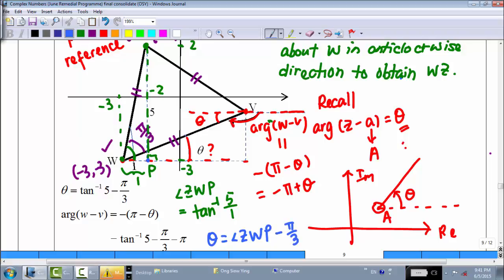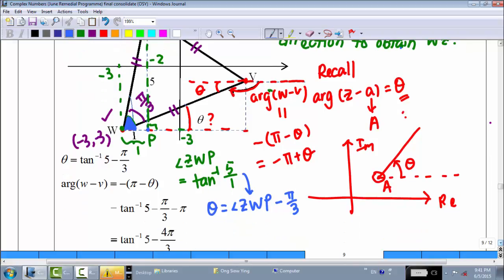If I take this angle here, and minus pi by 3, I will get my theta. Okay, so my ZWP is actually tangent inverse 5. So that means my theta is just tangent inverse 5 minus pi by 3.